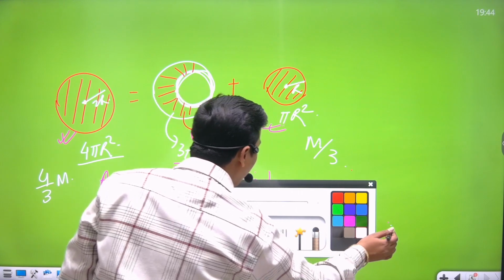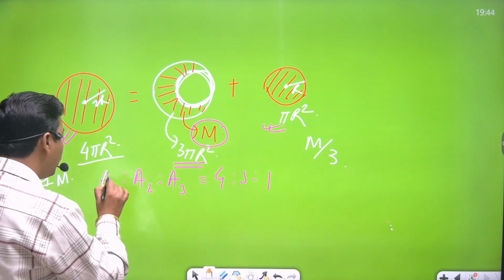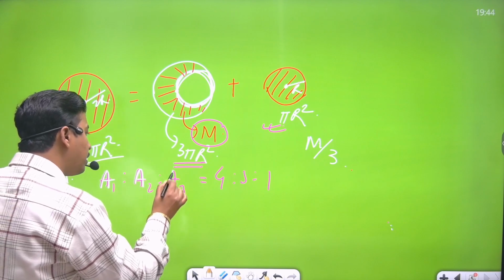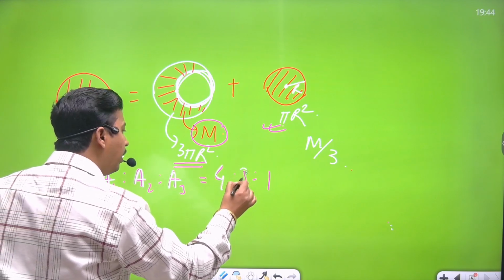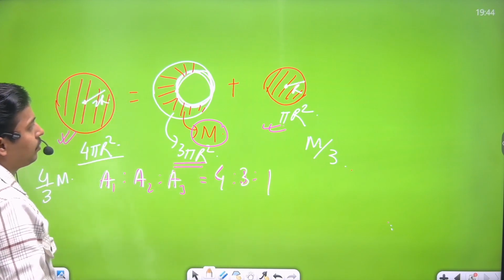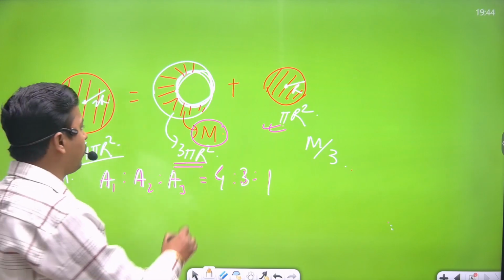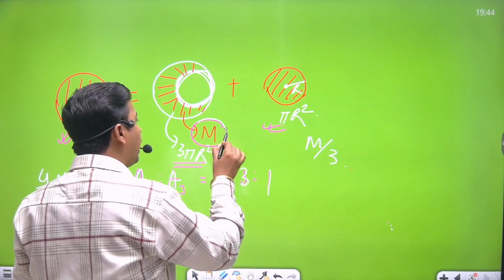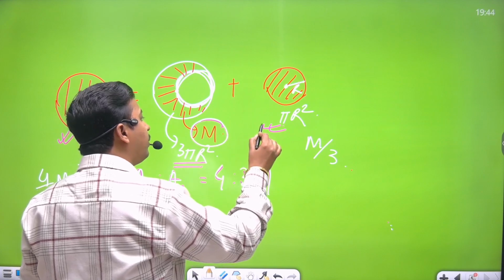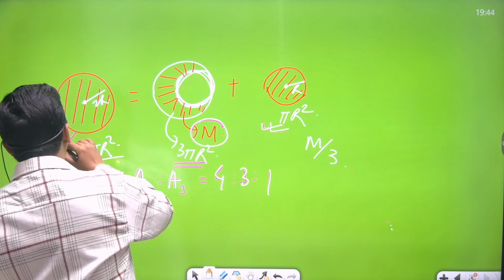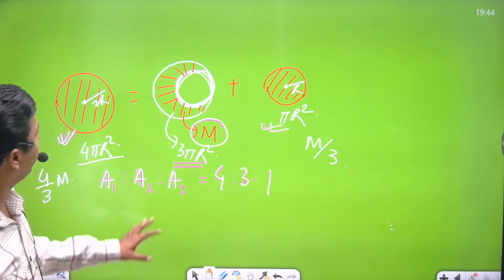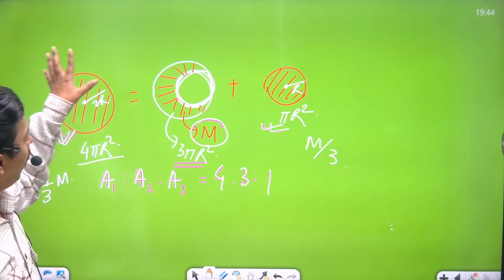Why? Because mass is proportional to area in the uniform mass distribution case. So while solving the question, you must see the mass of which thing has been given: is it the mass of the whole body or the cavity?